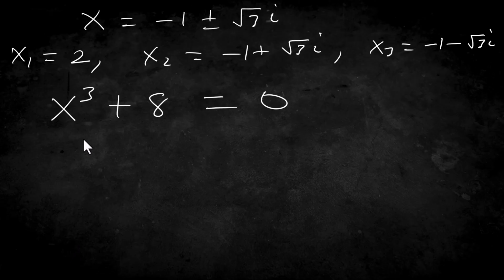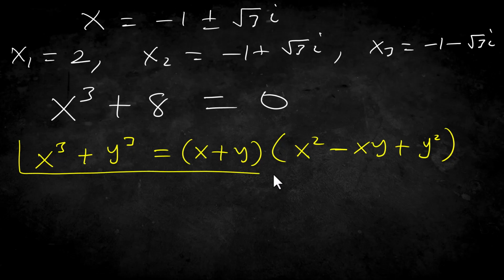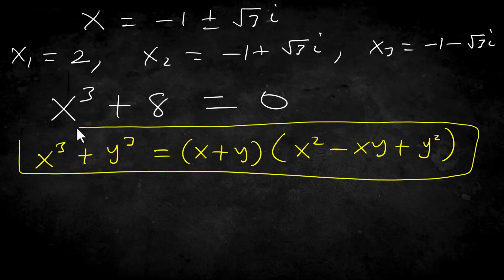So from here, x cubed plus y cubed is the same as x plus y times x squared minus the product of x and y plus the square of y, that is y squared. Now from here we can write this as x cubed plus 2 to the power 3 equals 0.